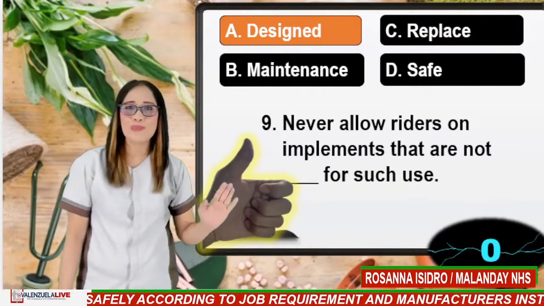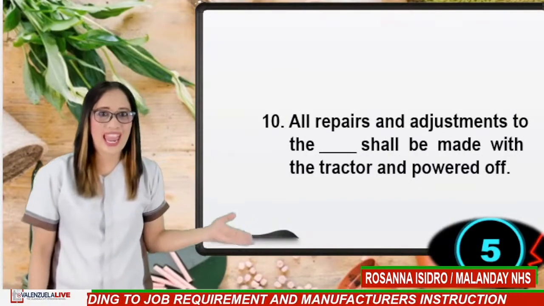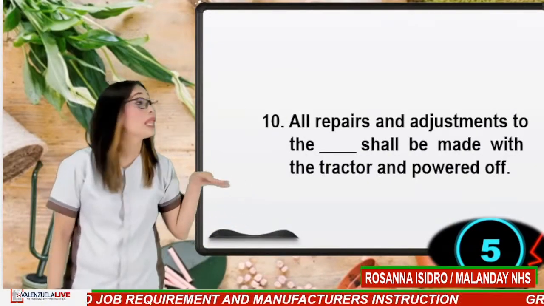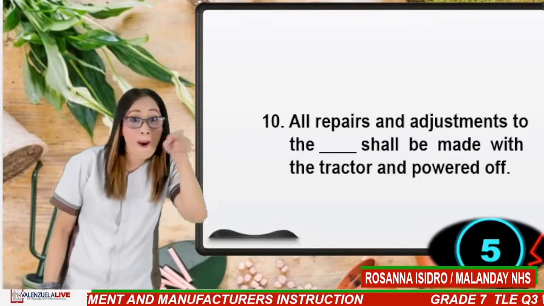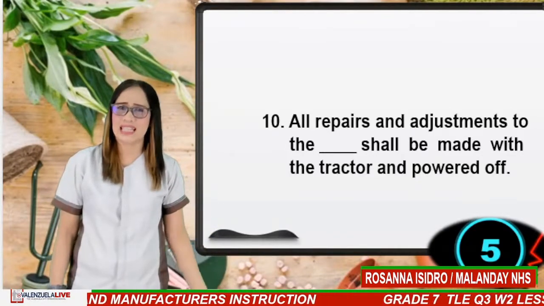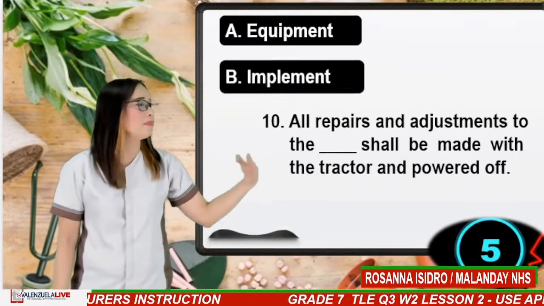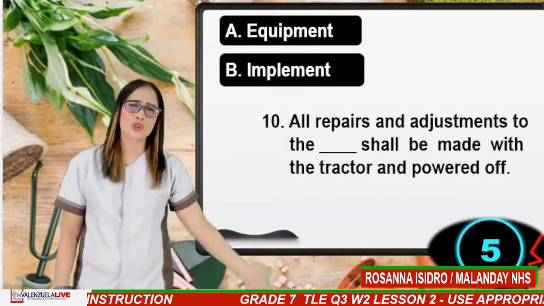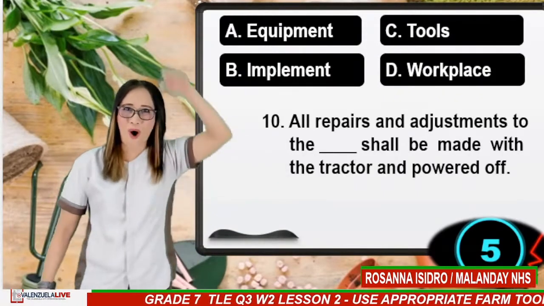Last, number 10. All repairs and adjustments to the blank shall be made with the tractor powered off. It is letter A, equipment, or letter B, implement, letter C, tools, letter D, workspace. Your time starts now.